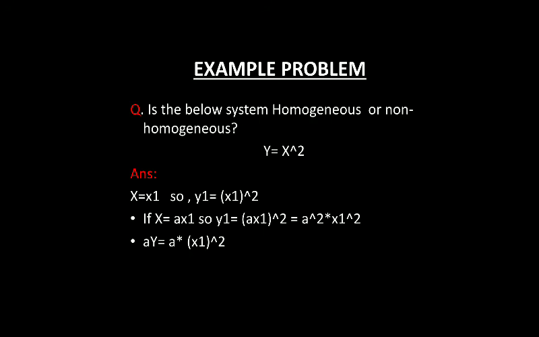When you multiply the output with the same constant a, the output is a times x1 square. So for the system to be homogeneous, a x1 square and a square x1 square should have been equal, but they are different. So this is not a homogeneous system. Alright, y equals x square is not a homogeneous system.